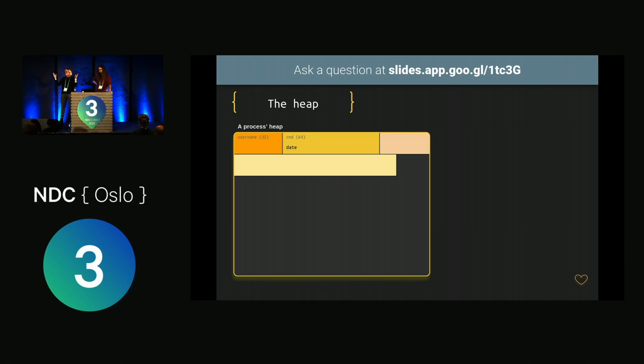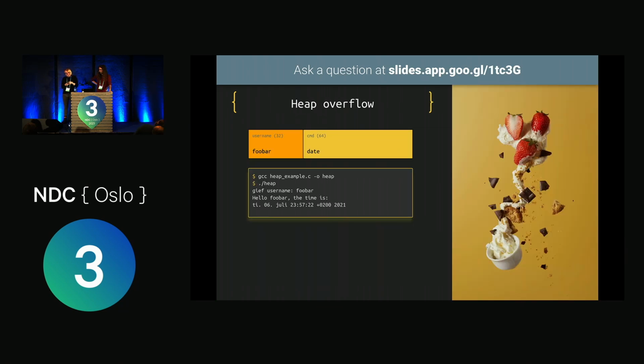They are right next to each other, and when the program runs, whenever the malloc function is called again, it will find the next free memory space and then store the variable there. So for the intended way of running this program, we could insert foobar as the username, and then foobar would be what's stored in the username chunk.